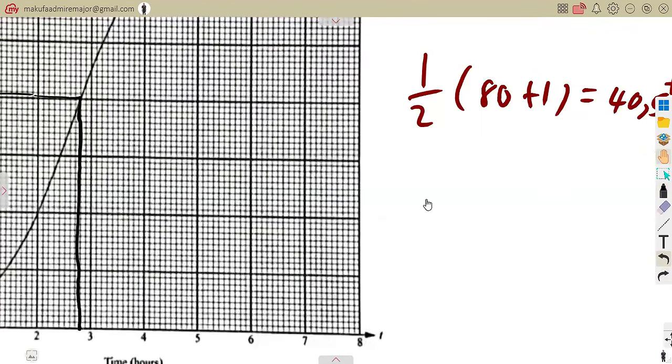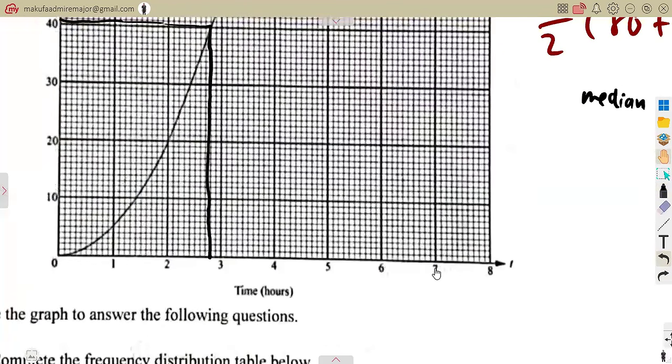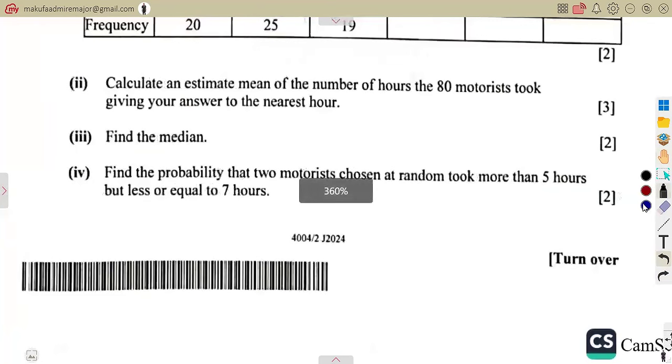This is the position, but the median is the value corresponding on the horizontal axis. So it was something like 2.8 hours. Remember, the time there is in hours. That is how you determine the median.